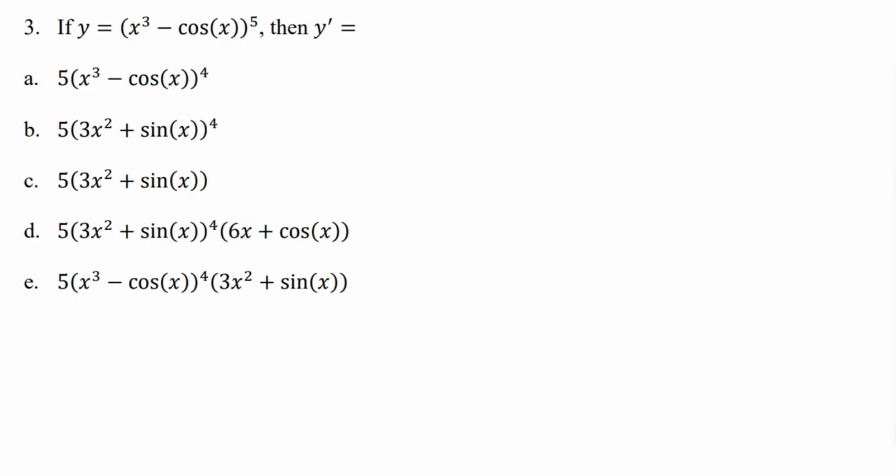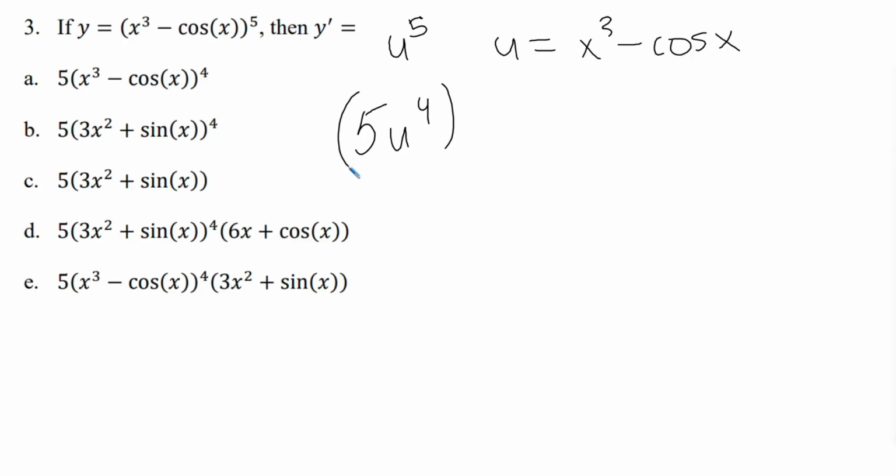For our next one here, number 3, we're looking at a function that is being raised to the 5th power, right? We have u to the 5th, where u is equal to x cubed minus the cosine of x. So we should get 5u to the 4th times the derivative of x cubed, which is 3x squared, times the derivative of negative cosine, which should be positive sine.